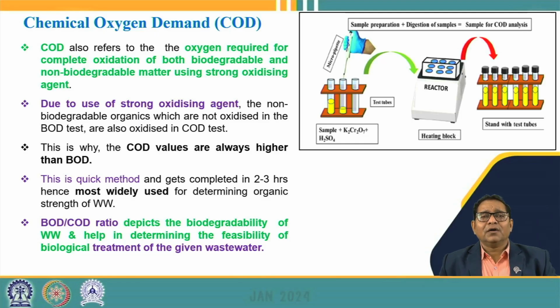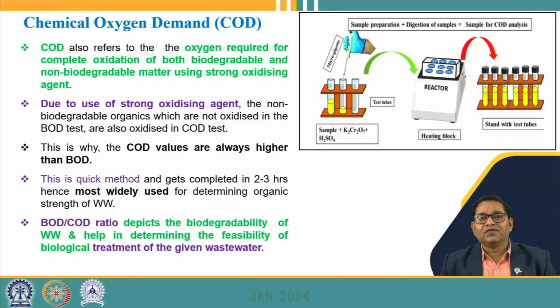Now, let us talk about the biodegradability of the wastewater, BOD and COD. These two tests are also conducted to measure the BOD/COD ratio, which depicts the biodegradability of the wastewater and helps in determining the feasibility of a biological treatment system for the given wastewater.